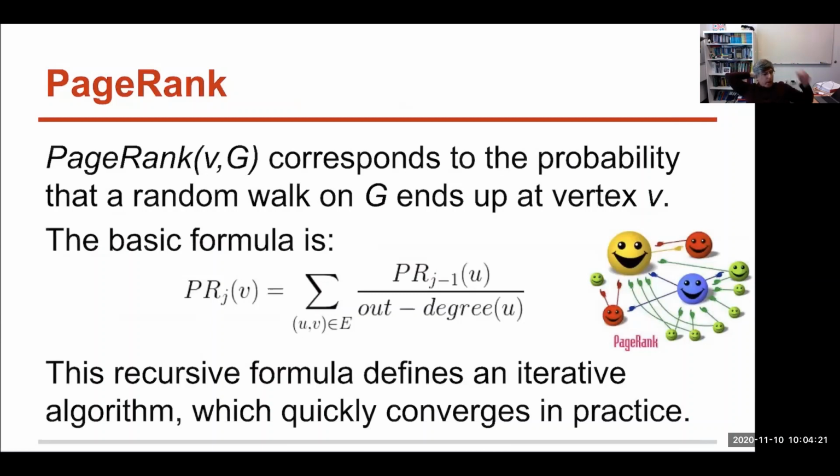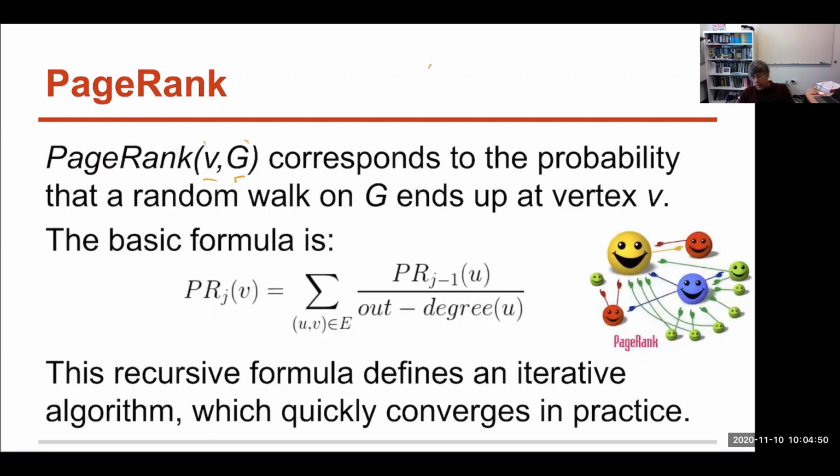Now, PageRank is a kind of famous algorithm and quantity that basically asks, if you're given a graph and you're given a particular vertex, the PageRank of that vertex in that graph corresponds to the probability that a random walk ends up at that particular vertex.